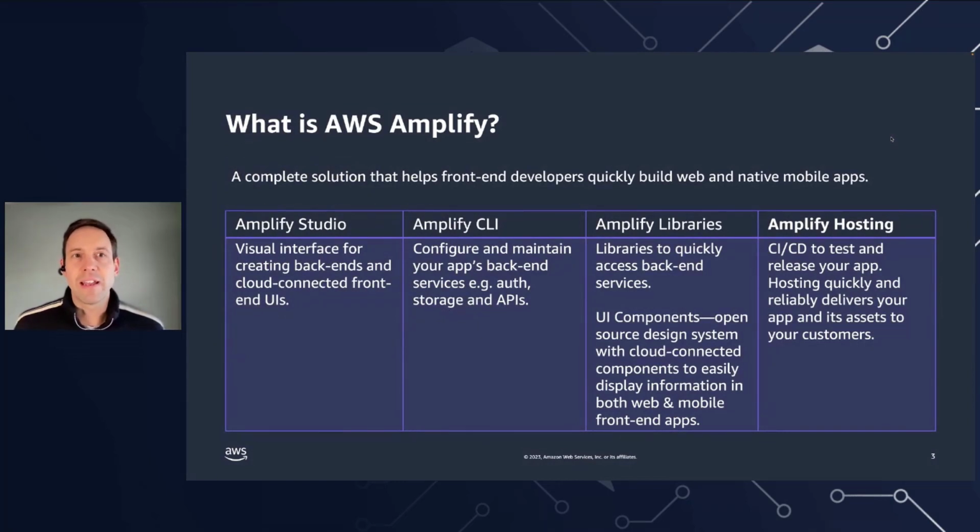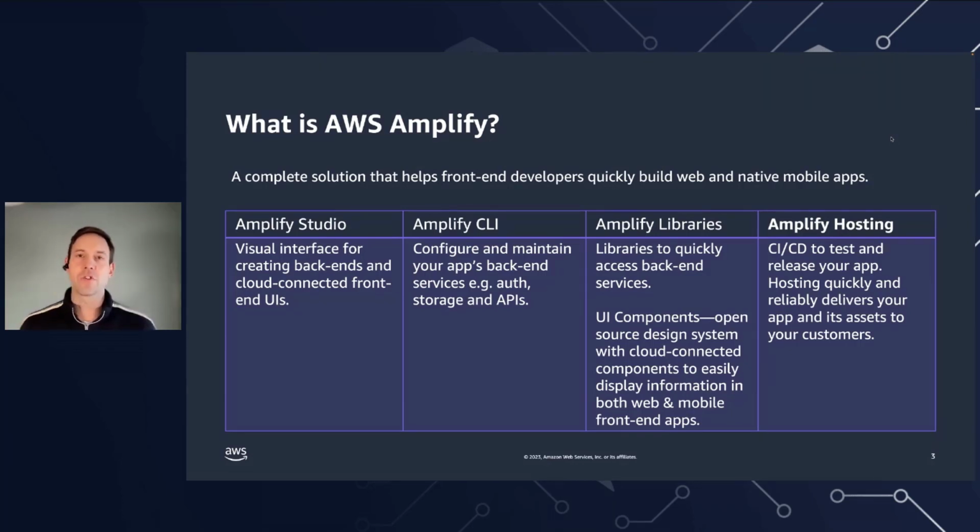So what is AWS Amplify? It's actually a suite of services provided by AWS, roughly in 4 groups. So we have Amplify Studio. Amplify Studio is actually like a visual builder. So you can create your user interface and it'll automatically create the backends for you. So you could imagine creating a form with fields.